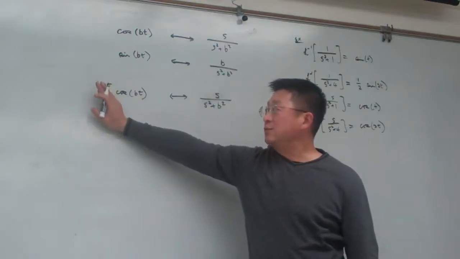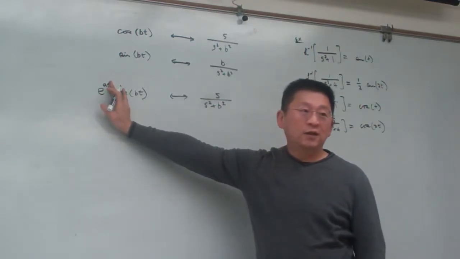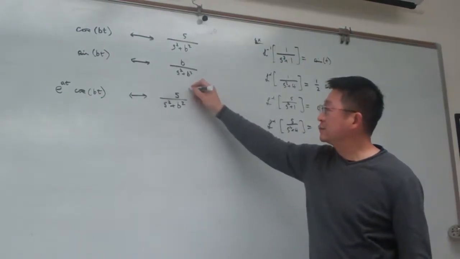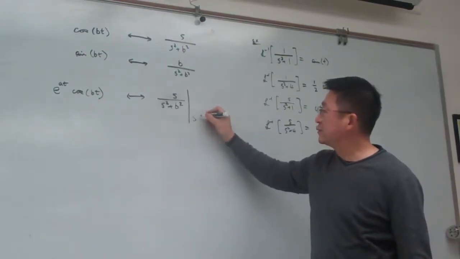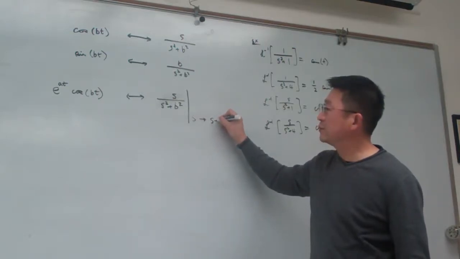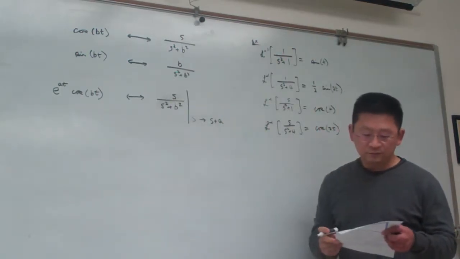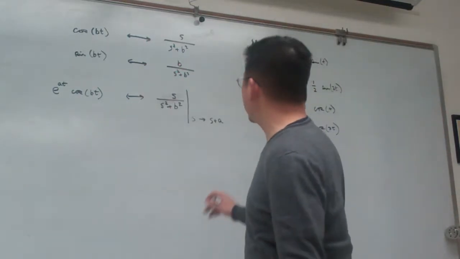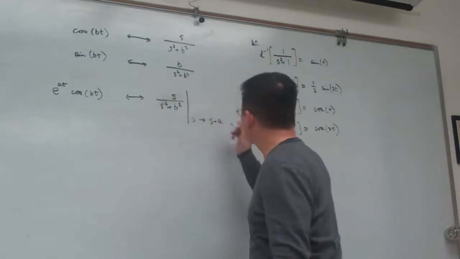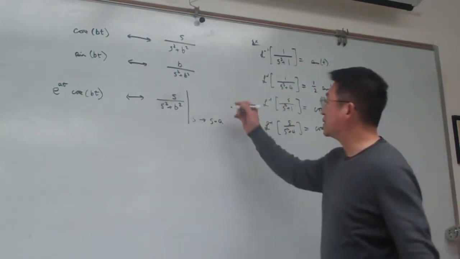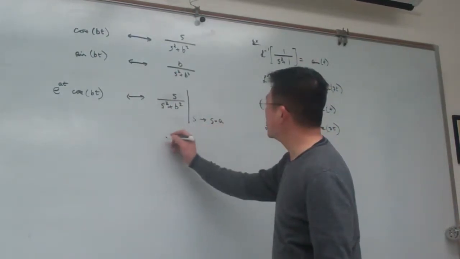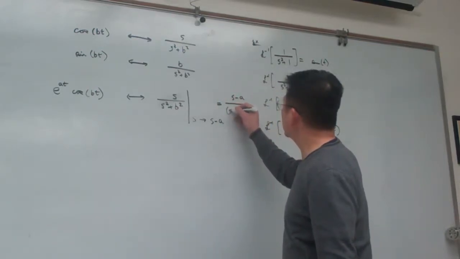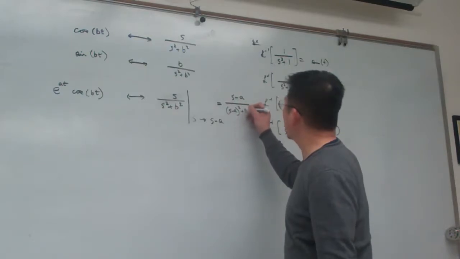Right now this is multiplied with the exponent e to the at. So in this way, based on the table, you do a replacement. You replace s by s minus a, sorry, minus a. So basically this one is equal to s minus a over s minus a squared plus b squared.